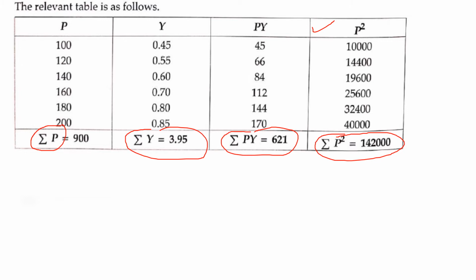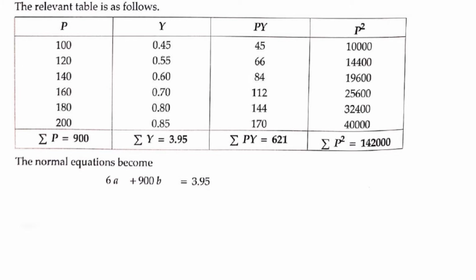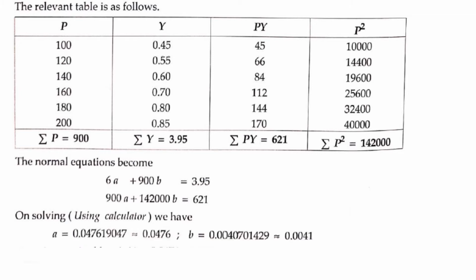Let us substitute these values in the normal equations. Then the first normal equation will give this. The second normal equation will give this on substitution. Using the scientific calculator, you can find the values of a and b: a is equal to this and b is equal to this approximately.